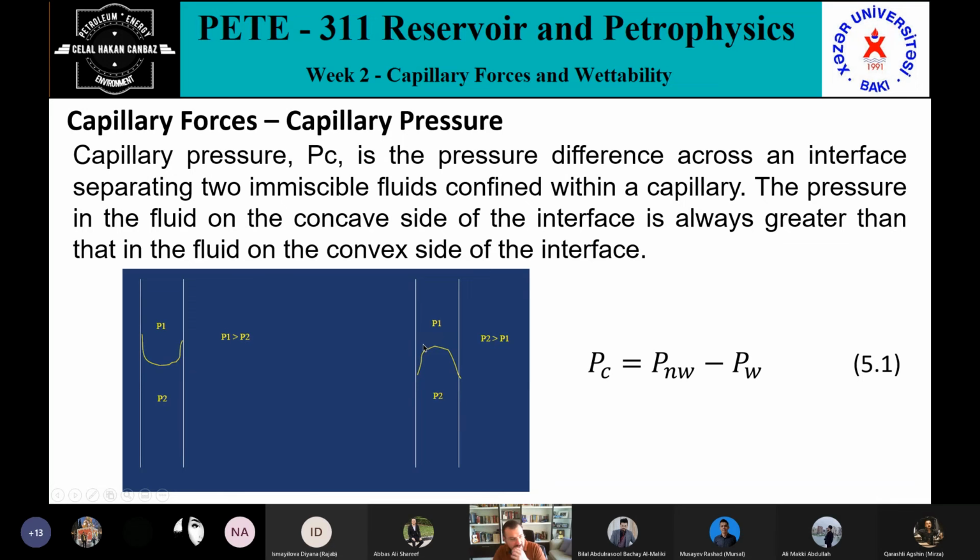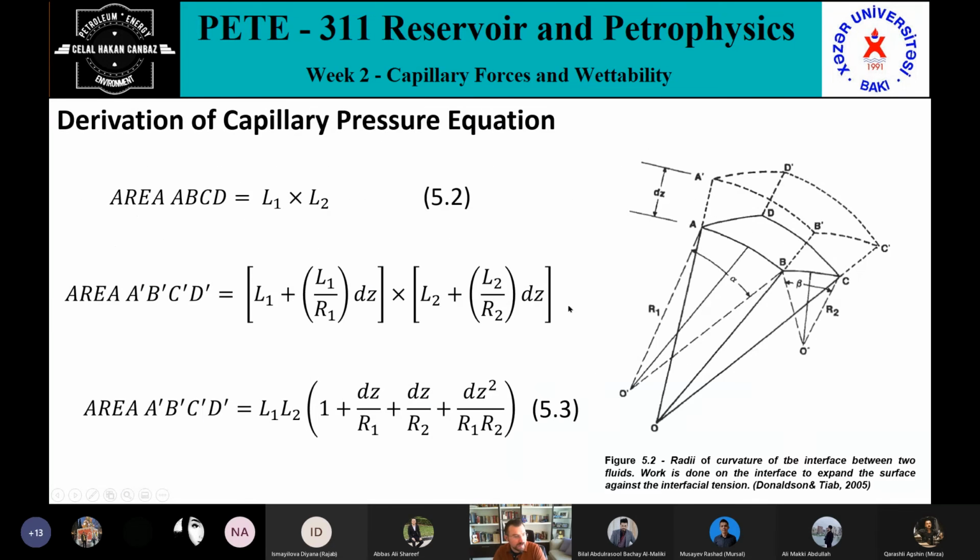Because of that, let's make the mathematical derivation of this one. In the first one, this is the first surface ABCD, and in the second part, the ABCD prime, it's expanded by time. On the surface, the molecules are attracted inward and on all sides, but there is no outward attraction to balance the inward tug on the surface molecules.